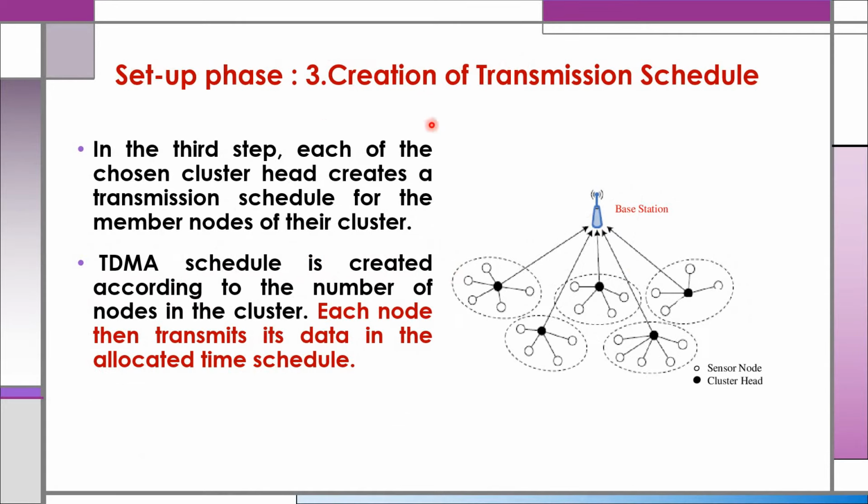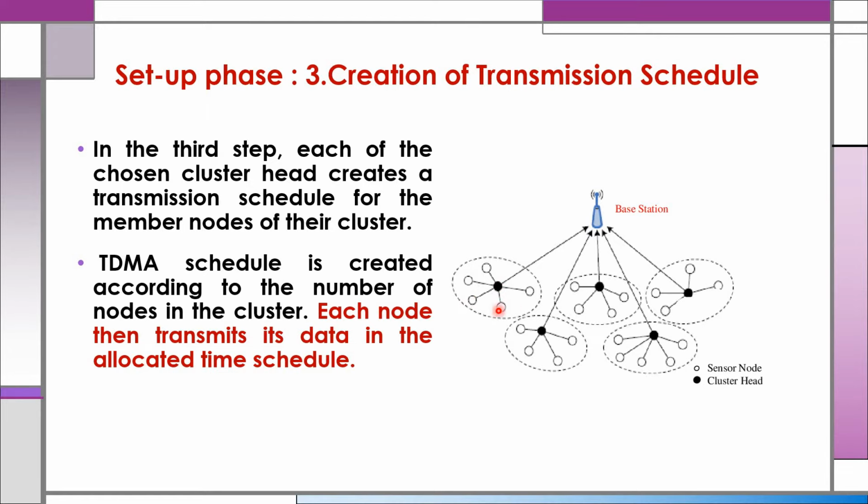The third one is creation of the transmission schedule. First, we have selected the cluster head. Second, we have created a cluster. The third process is that we have to communicate the information to the cluster head.